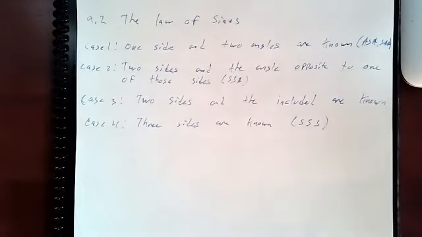All right, so for case 1 and case 2, you can use the law of sines. If we have nothing but sides, we should not do law of sines. If you have two sides and one angle, but that angle is not opposite to any of those sides, then you cannot use law of sines. So those are the case 3 and 4.